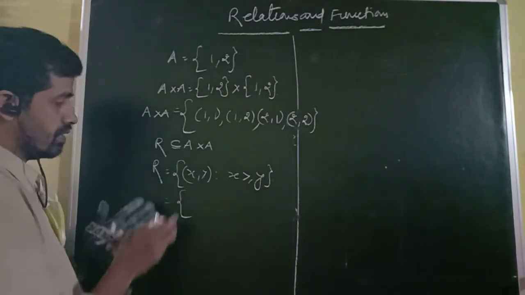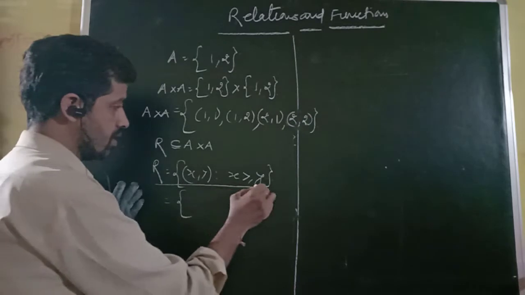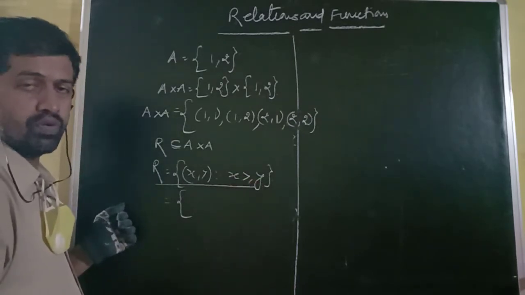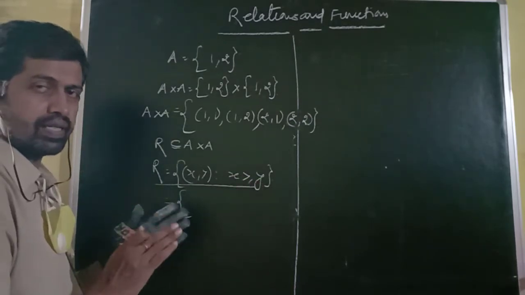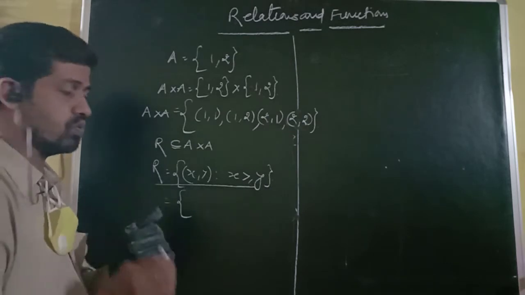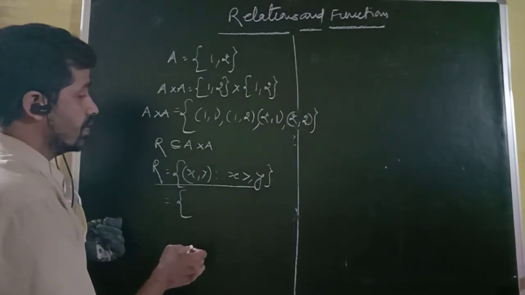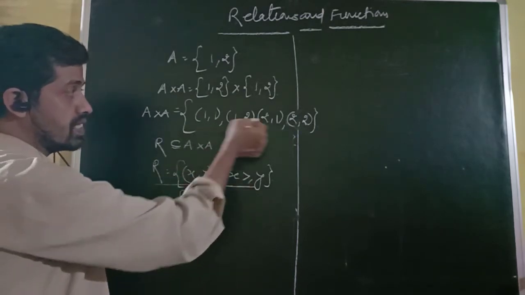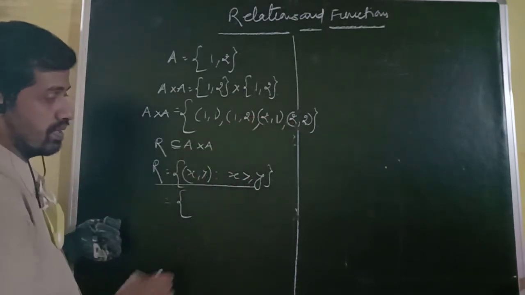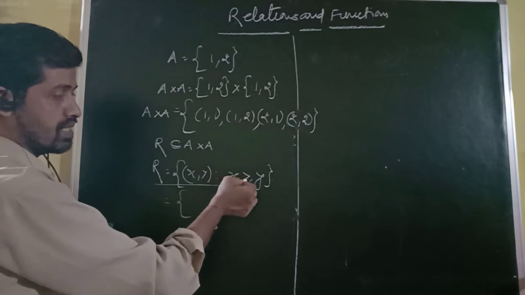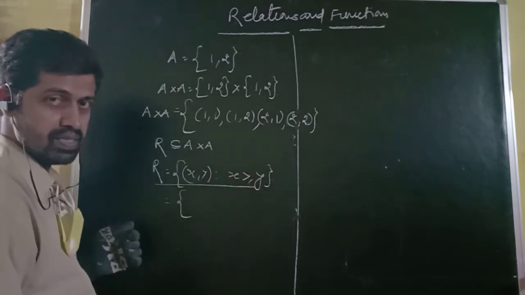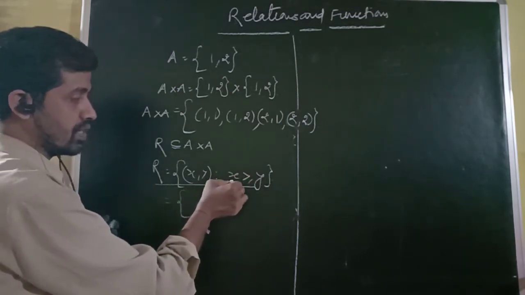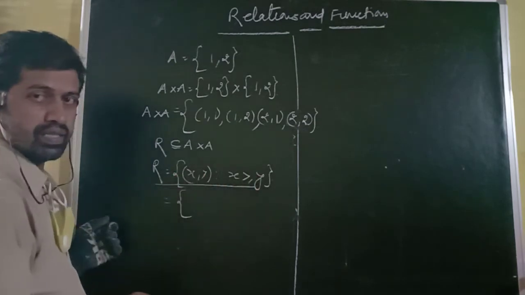We are recapping. This is known as our set builder form, where we write the elements in the form of a formula or rule. Now, under this condition, we collect the elements from A cross A. The condition is x is greater than or equal to y. That means the first element is equal to or greater than the second.